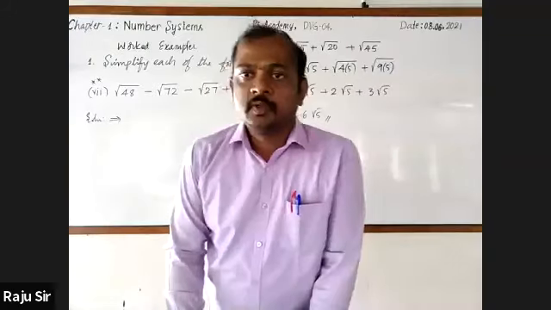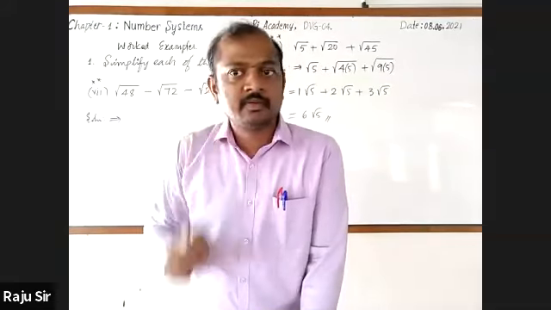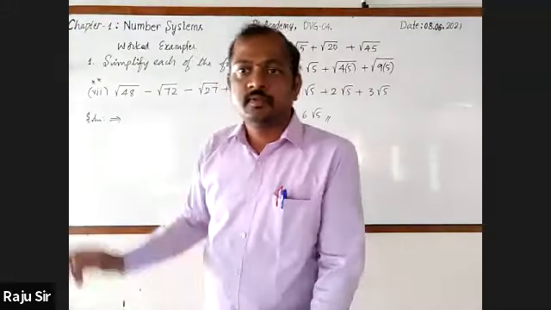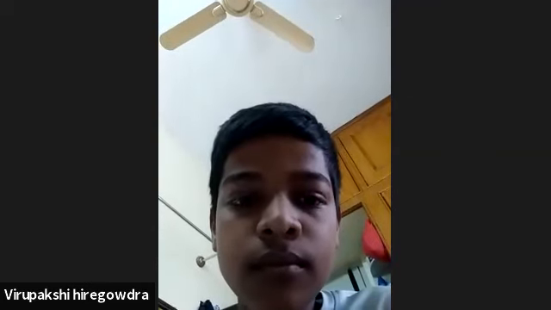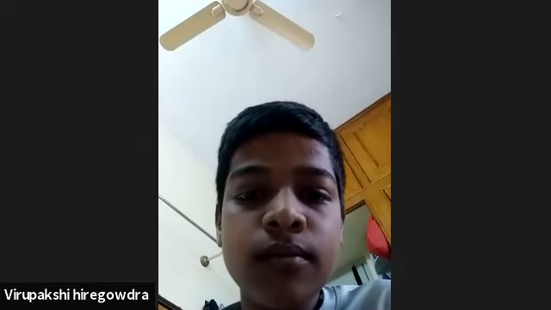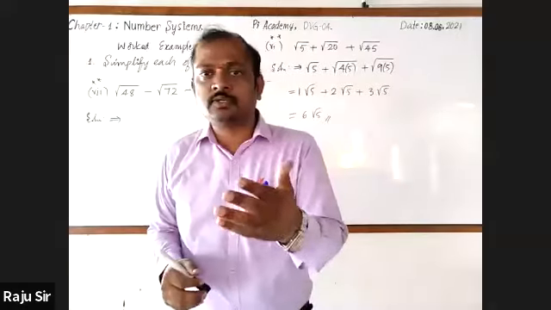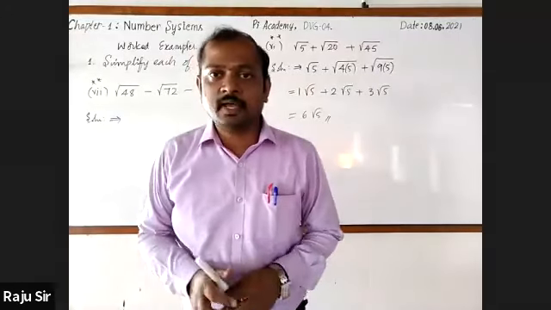4 12s are 48. Virupakshi, how do you write square root of 48? Sir, 4 12s are. Is there any other possibility to take a bigger number as a perfect square? 16 into 3, sir.